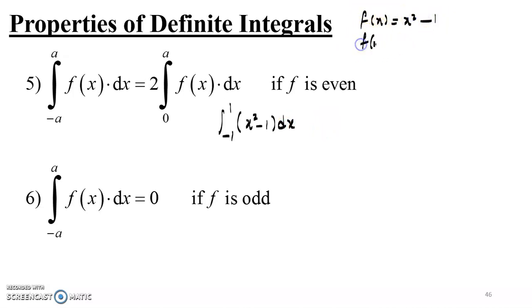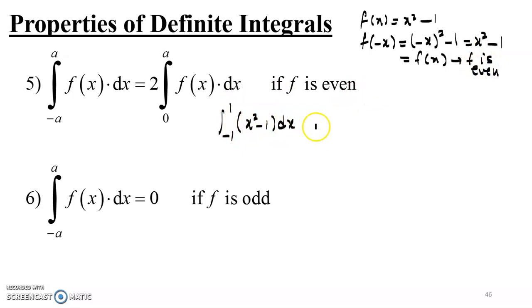Then this function is even, because f(negative x) is negative x all squared minus 1, which is equal to x squared minus 1. So f(negative x) equals f(x), then f is even. So since f is even, we can say that this integral is equal to 2 times the integral from 0 to 1 of x squared minus 1 dx.